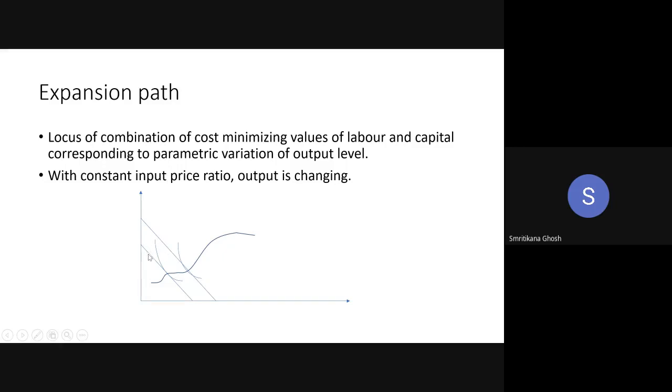MRPT at this point is equal to MRPT of this point, but these are not equilibrium points. Equilibrium is only here. On the equilibrium path, you have MRPT constant because your W by R is constant, and at the equilibrium that W by R is equal to MRPT. So along your expansion path, MRPT is constant.